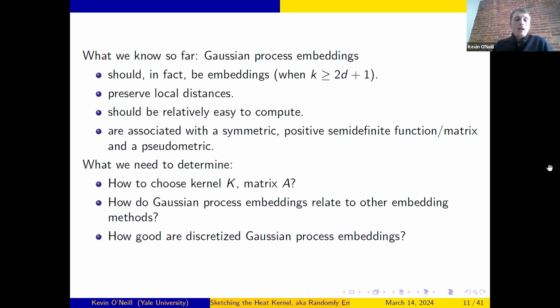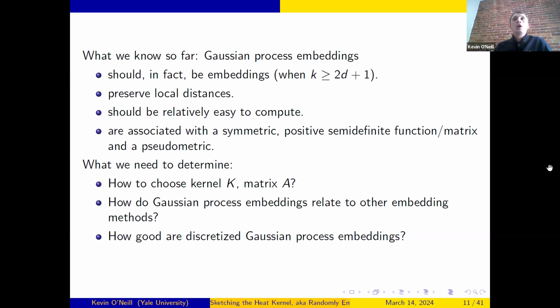So what do we not know? Again, we don't know how to choose this matrix A. There's a reason I'm holding off on this. We don't know how well these work when they're discretized. What can we actually prove about what happens when we discretize? We're not going to have this continuous Riemannian metric anymore. And also, how do these relate to other embedding methods?